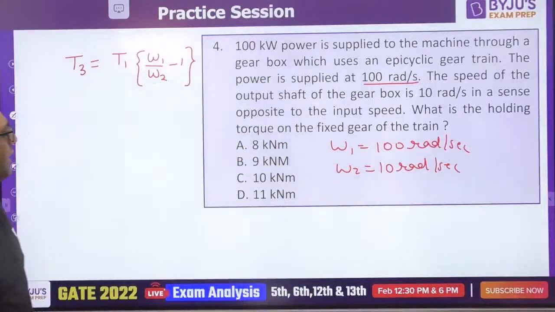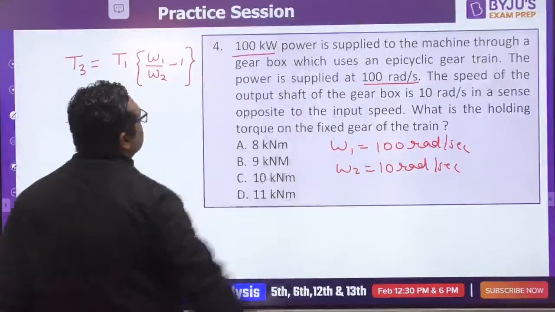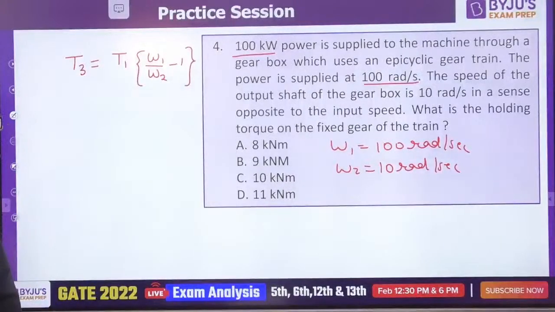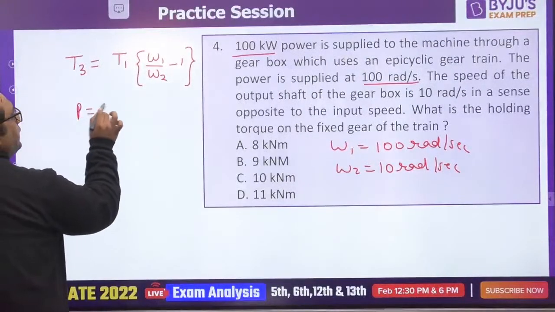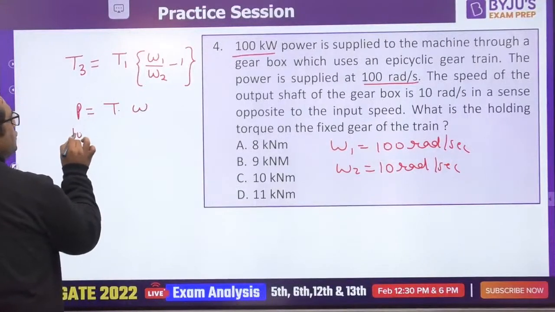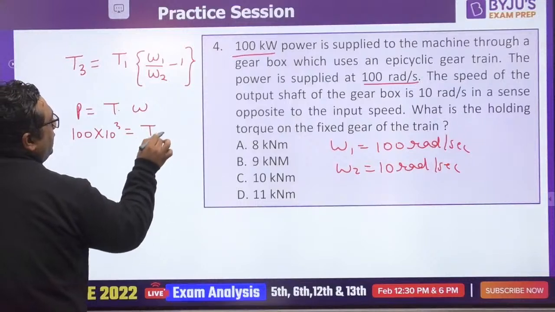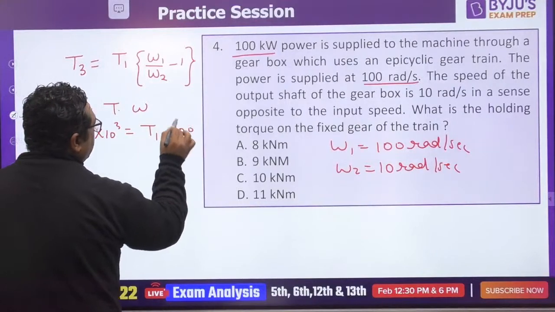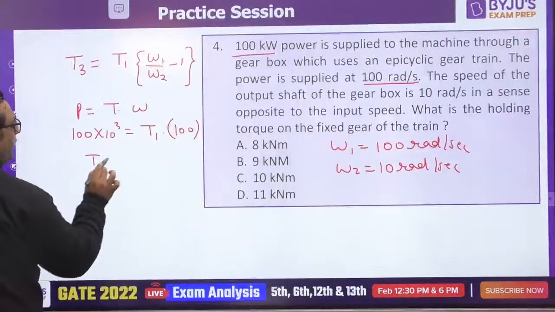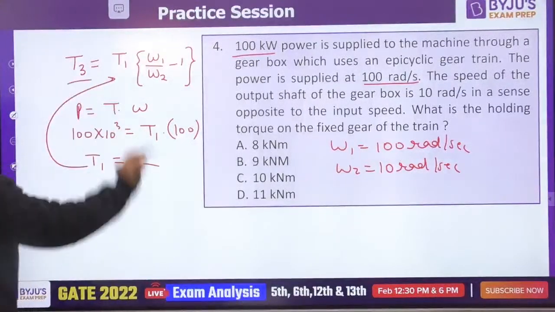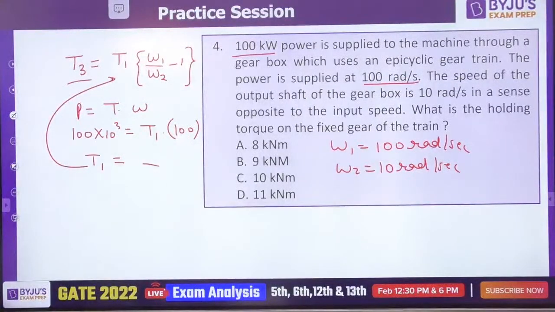Okay, so you need to answer about the holding torque. 100 kilowatt power is already given to us. So you can say power is T into omega. So 100 kilowatt, T1 into omega 1 is 100. You can find out T1 from here. Put it here, get the answer. Let us see how many of you give the right answer for this.